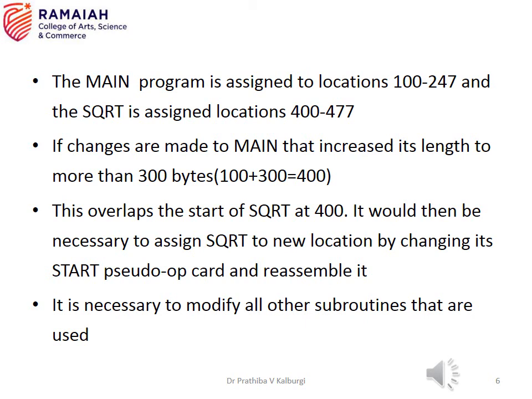In such situations, wherein we have a larger number of subroutines used in the program, they have to be reshuffled in order to remove the overlapping. This indicates a very complex, tedious as well as wasteful use of the core.